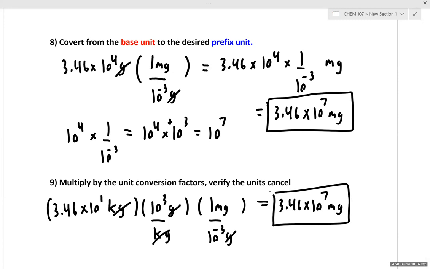Does this make sense to everyone? Now, you really need to always go through the base unit. It's best not to try to skip steps in these unit conversions because that's often where students make mistakes. It's easier to check your work if you write out your units clearly and you clearly show each step of your thought process.